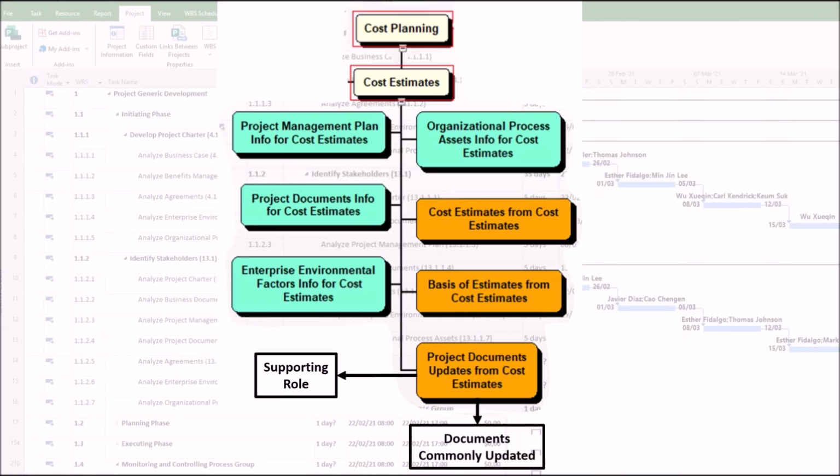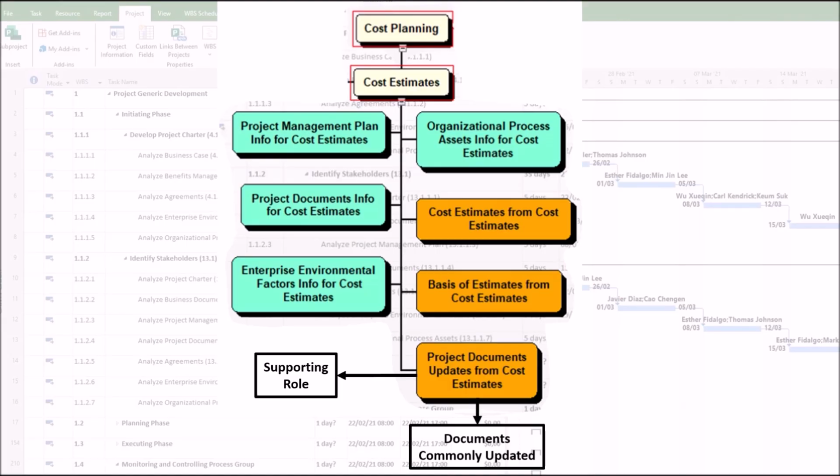2. Documents commonly updated. First, assumption log is updated with new cost-related assumptions or changes to existing ones, such as inflation rates, resource rates. Second, lessons learned register is updated with insights from cost estimation techniques or historical data.